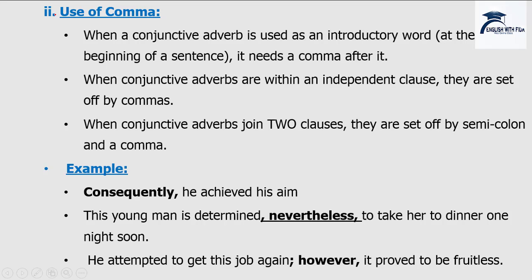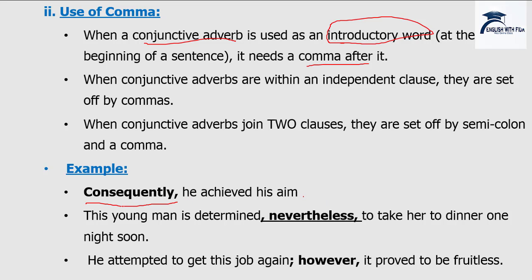Use of commas: the way to punctuate conjunctive adverbs. There are three different ways mentioned here. The first one: when a conjunctive adverb is used as an introductory word at the start of the clause, it needs a comma after it. So you will simply write, for example, however, comma, and start the clause.